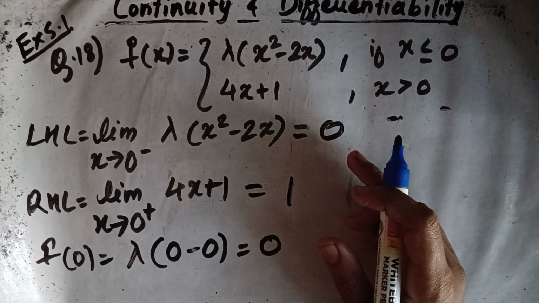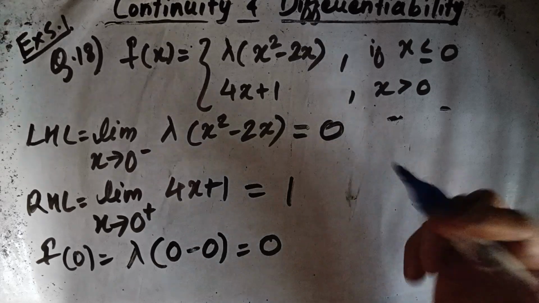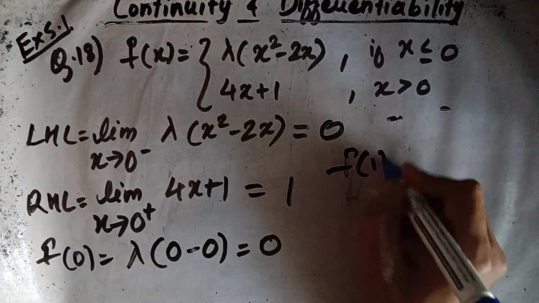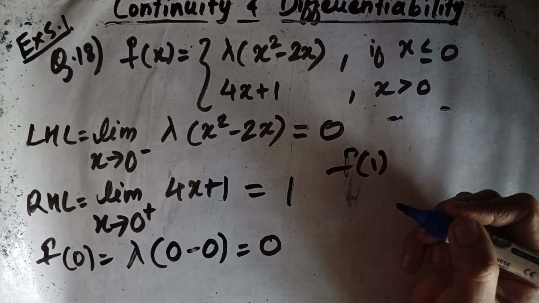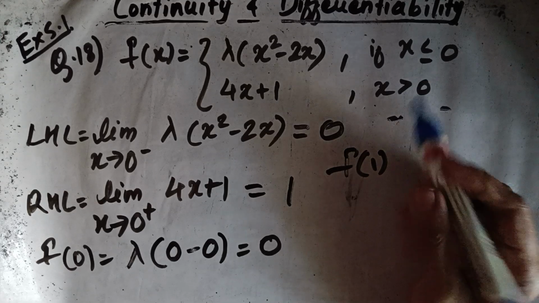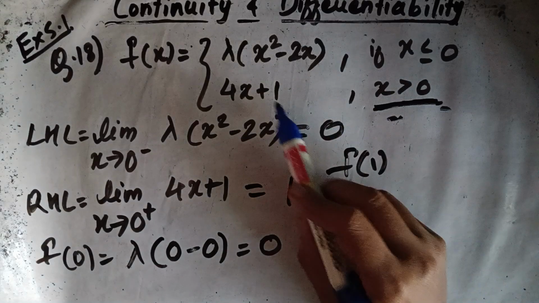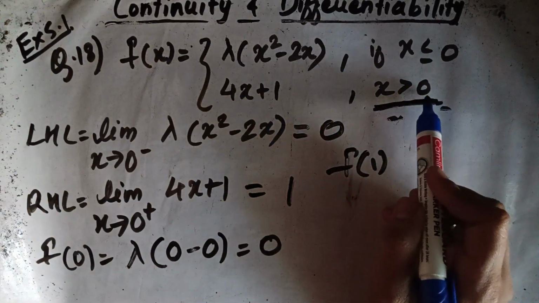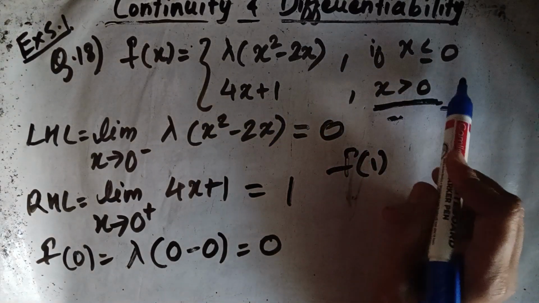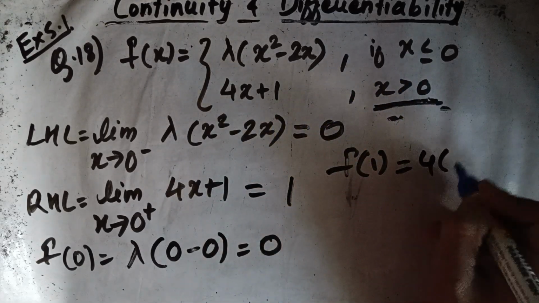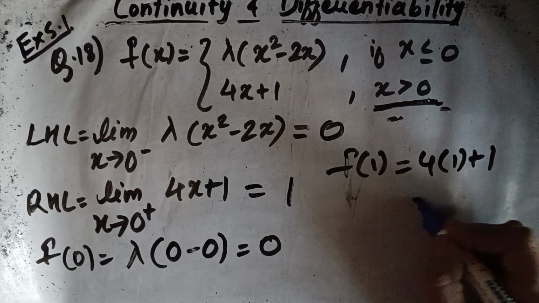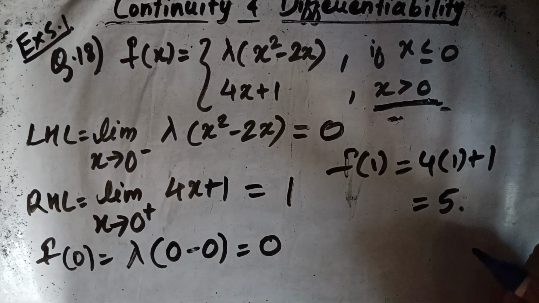Okay. Check for x equal to 1. If I put x equal to 1, then f of 1: x greater than 0, that function you have to choose, because greater than 0 means 1 is included here. So 4x plus 1, 4 into 1 plus 1, so you are getting 5.